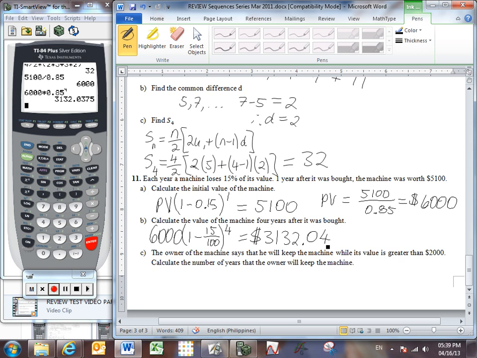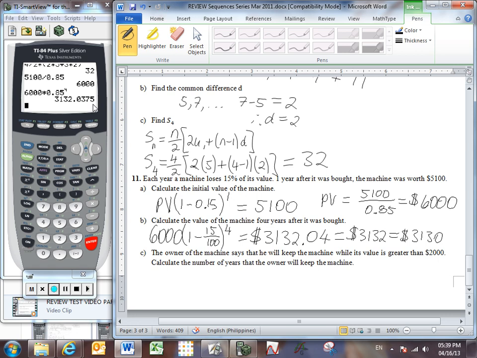We must round financial problems like money to 2 decimal places. Or I suppose you could round it to the nearest dollar, which would be 3132, or you could even round it to 3 significant figures. But do not include the 7 and the 5 in your answer, because how could you have that many decimal places for cents?